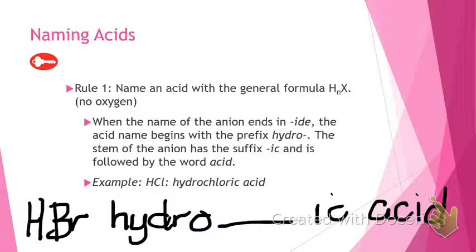We're going to fill in the blank with bromic for bromine. So we notice that this is called hydrobromic acid. The important thing to remember about using rule number 1 is that your acid compound will not have any oxygen in it.